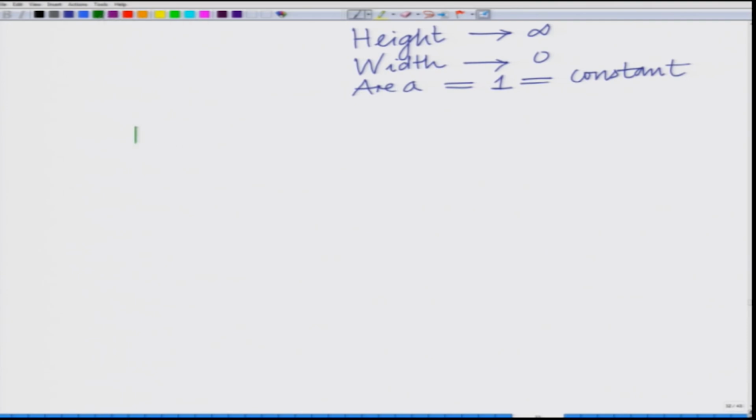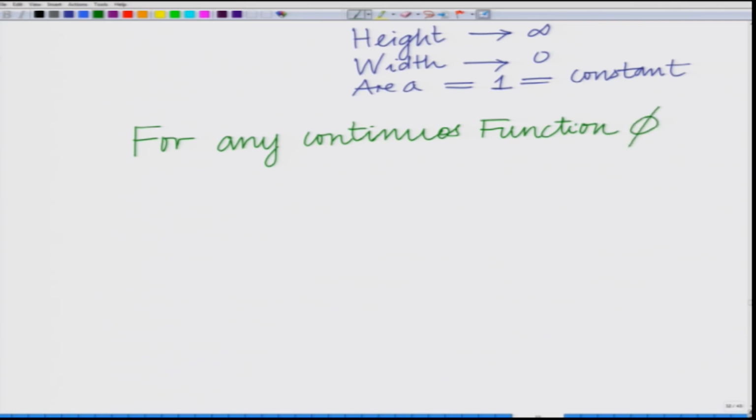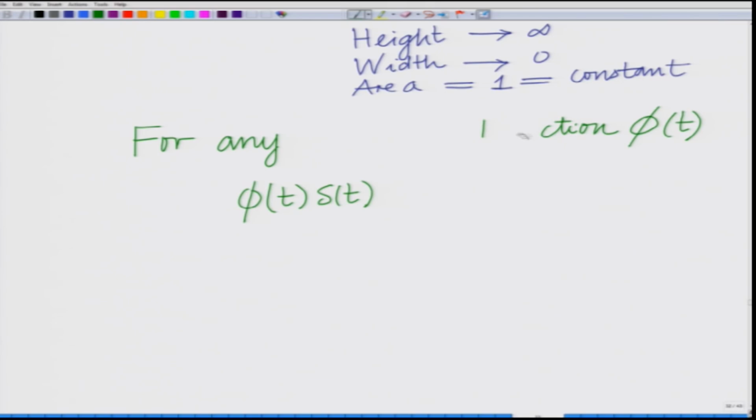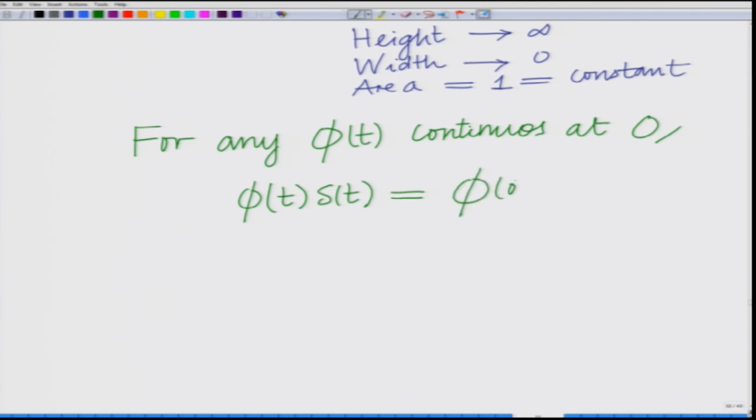For instance, for any continuous function phi of t, for any function phi of t continuous at 0, all right, it need not be continuous in general, phi of t delta t is equal to phi of 0 delta t.